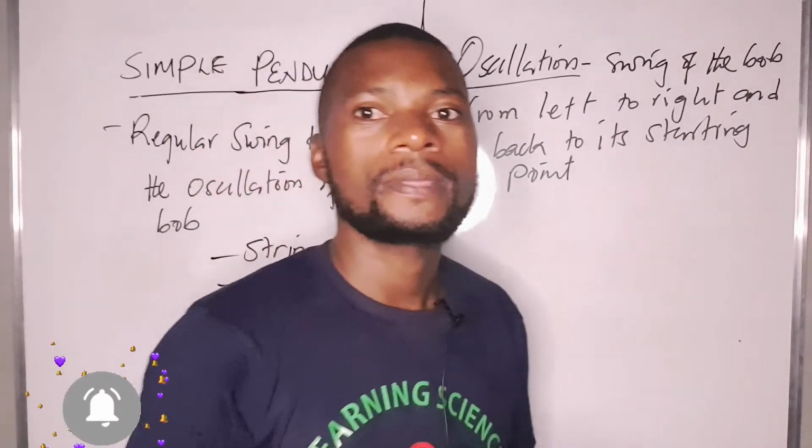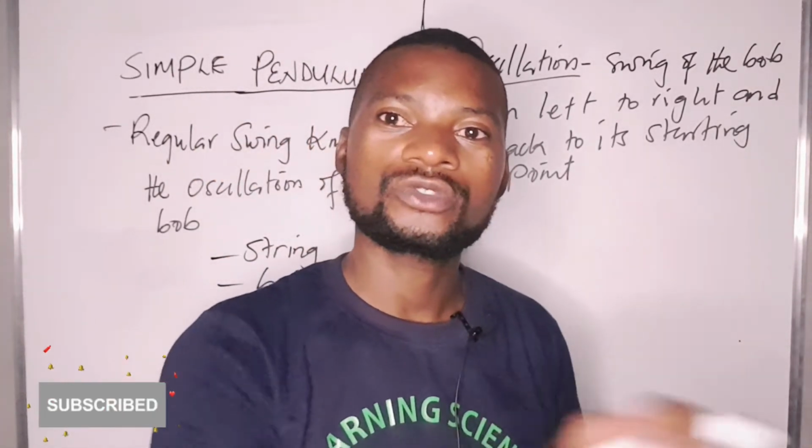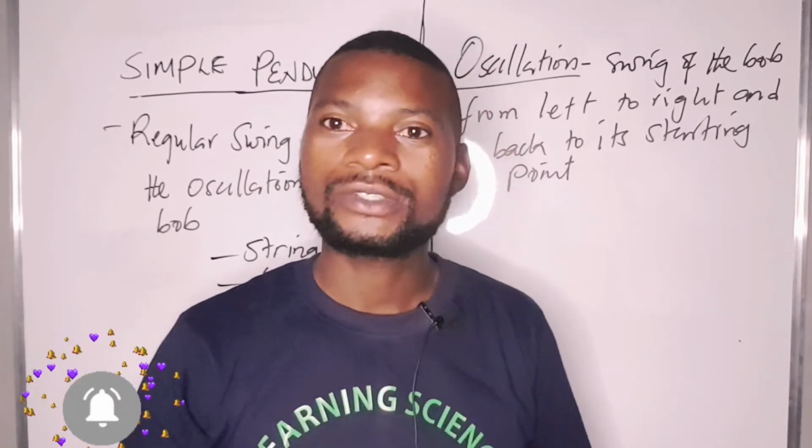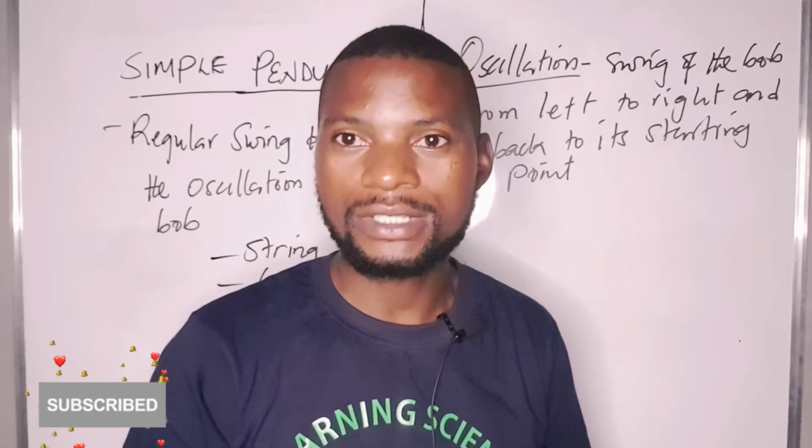So when a bulb moves from left, it goes to right and comes back to the starting point, then we say the bulb has made a complete oscillation.